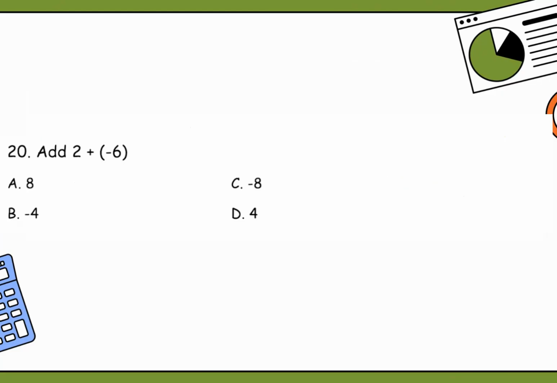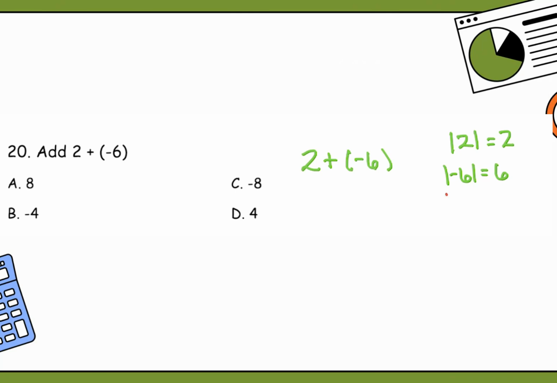Question 20, let's add 2 and negative 6. Because these integers have different signs, let's look at the absolute values. The absolute value of 2 is 2. The absolute value of negative 6 is 6.